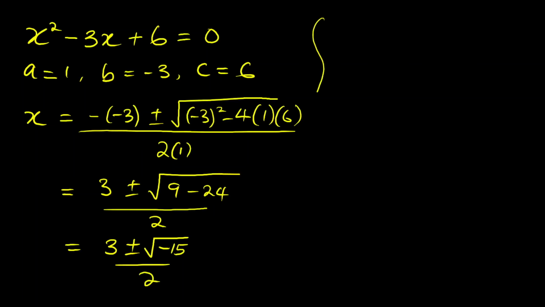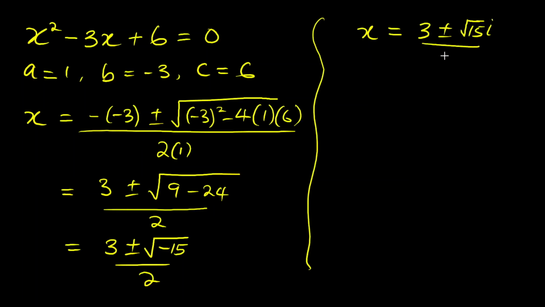So we can now say that x is equal to 3 plus or minus, this is a complex number, so we'll have root 15 i, or you can say i root 15, all over 2.